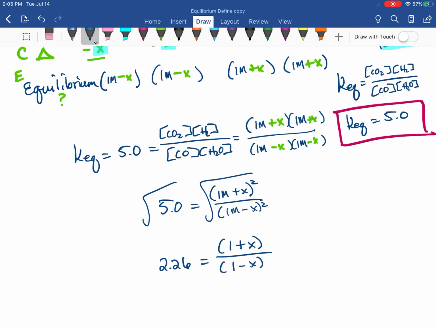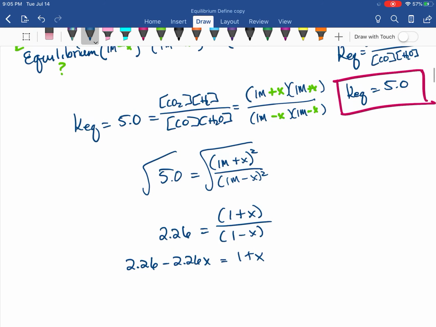And when I do that, I'm left with 1 plus x on the top, 1 minus x on the bottom. And now you get to distribute. So I'm going to go ahead and distribute. And then I'm going to start to solve for x.